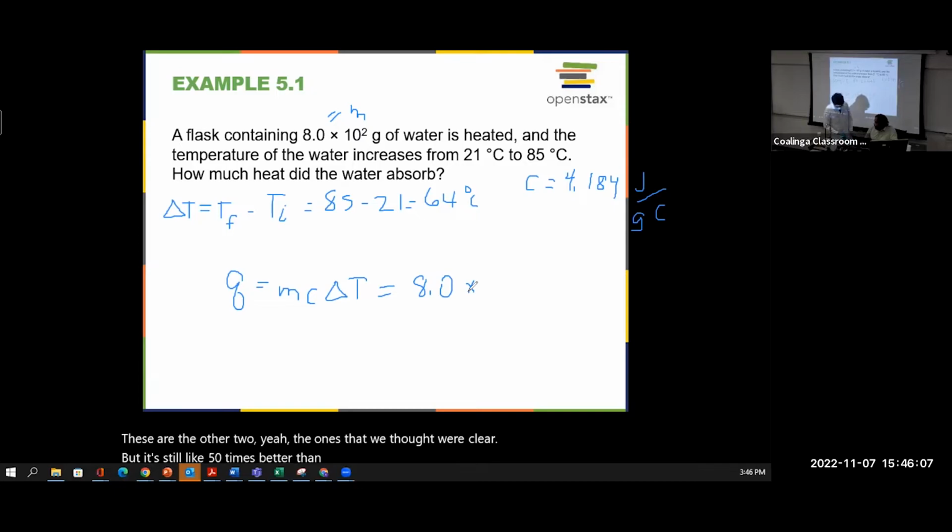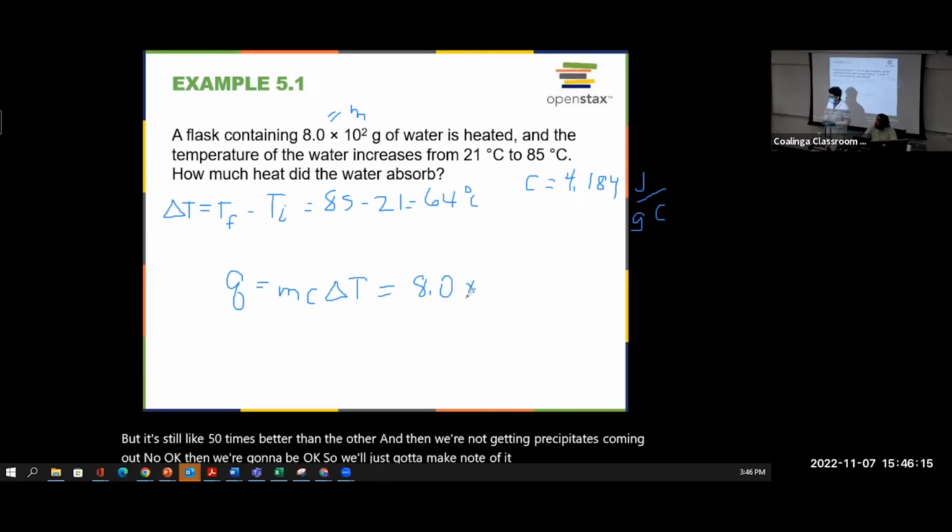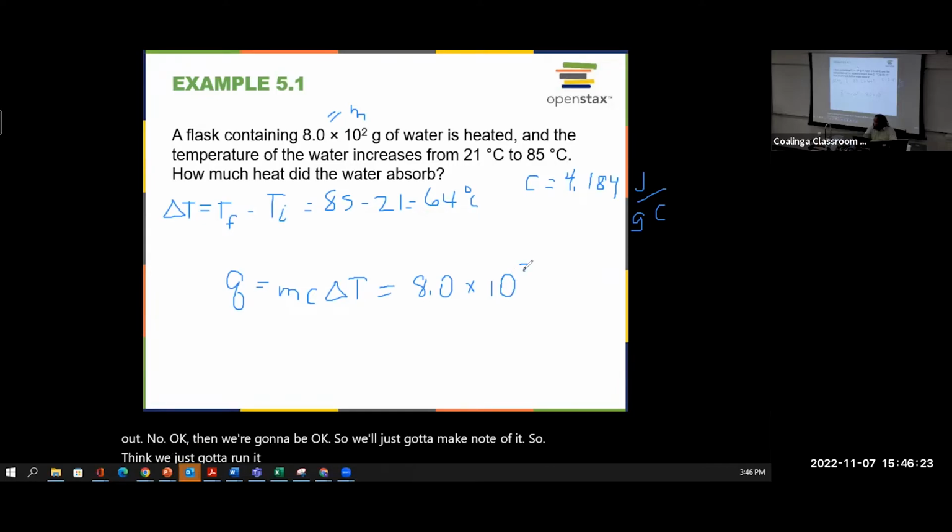Yeah. And then we're not going to precipitate. Just gotta make it. I think we just gotta run it through the system. Is that thing the big? Yes, sir.